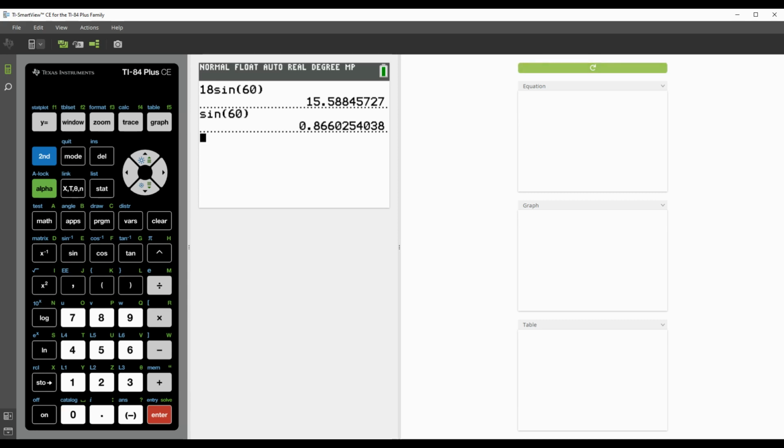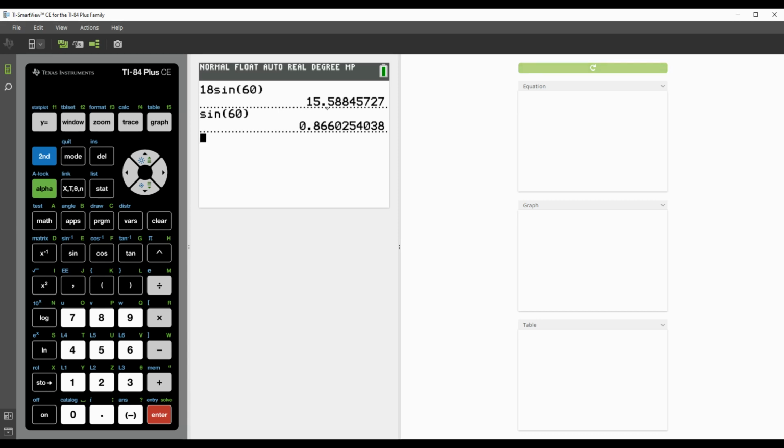That 0.866 means that for every 60-degree triangle in the world, the ratio of the side opposite to the hypotenuse is 0.866. Having that list of all the different ratios inside your calculator allows you to do these calculations.